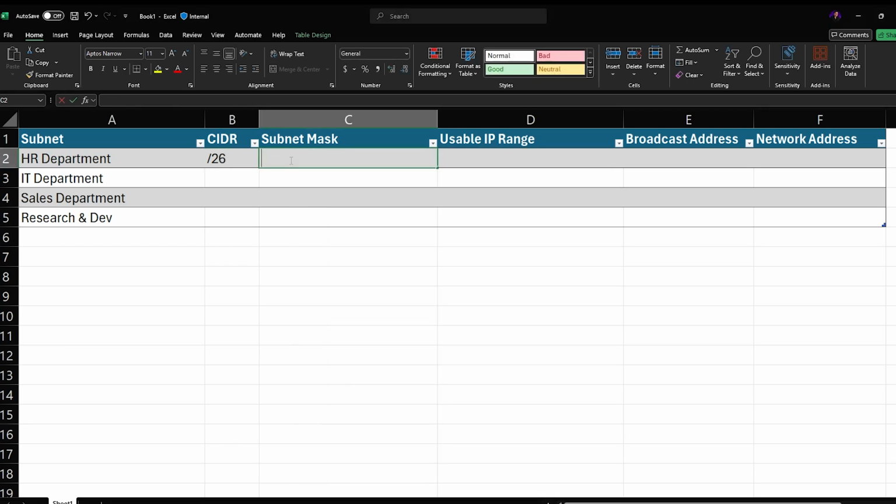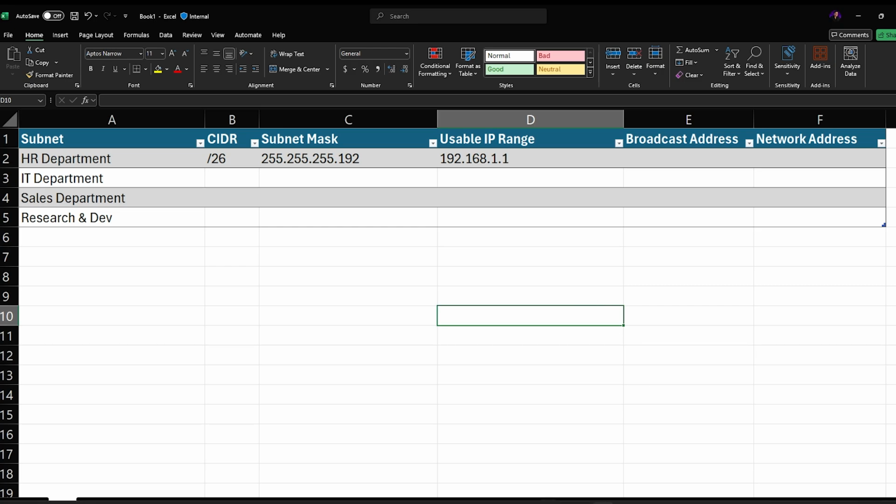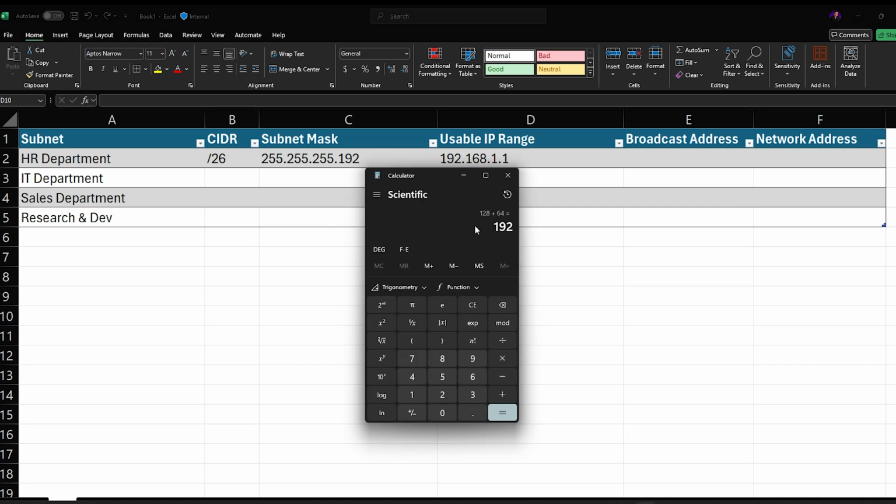So for /26, the subnet mask is 255.255.255.192. The range will start at 192.168.1. To find the broadcast address, we take 255 and subtract 192, which gives us 63.